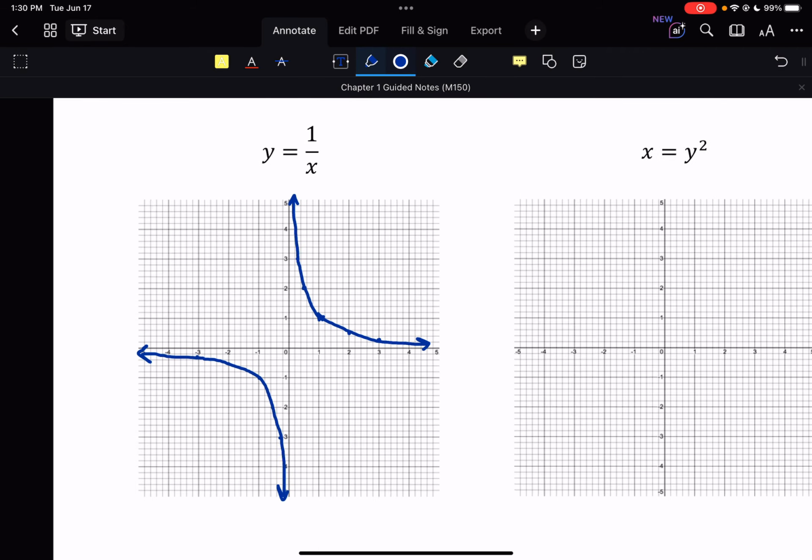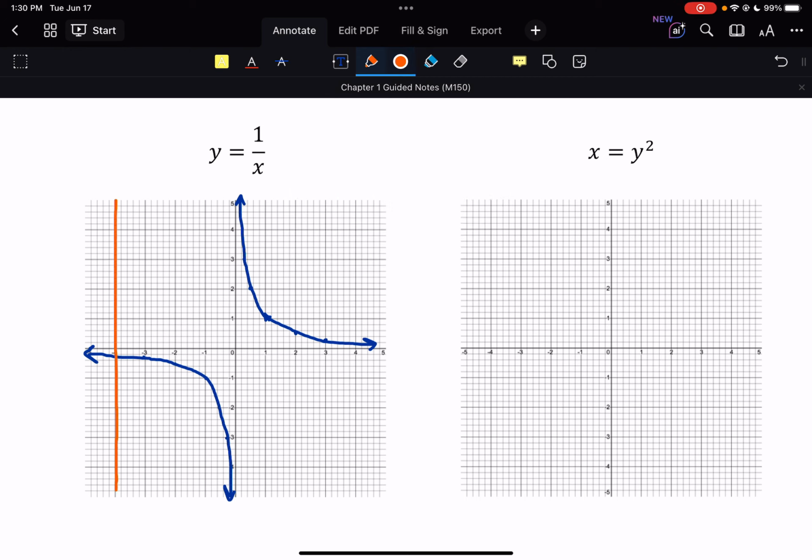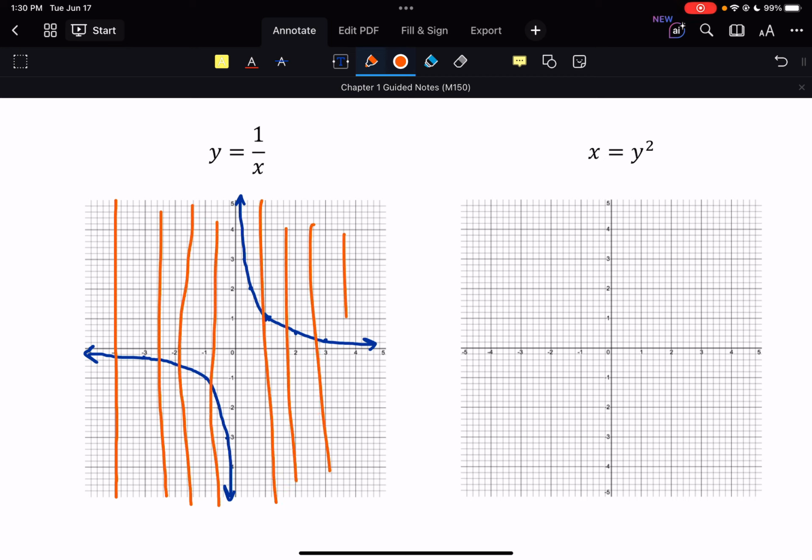Now, in order to determine if this is a function, we look at any vertical lines that we could draw through this. And we see that no matter where we draw these vertical lines, we're only hitting 1 point at a time, right? The only issue would be if these two pieces overlapped with each other, like if they crossed over and then all of a sudden the vertical line would hit them twice, but that doesn't happen.